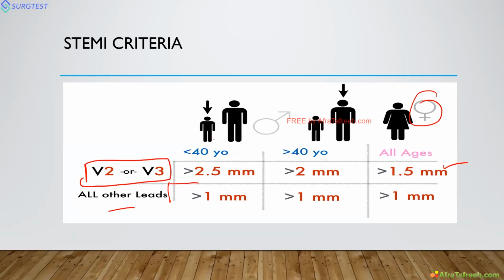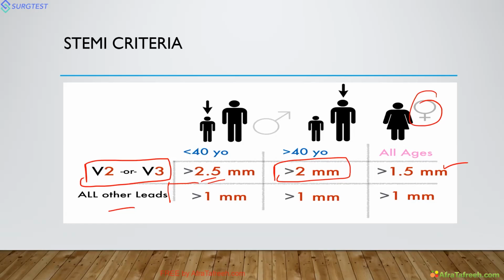In less than 40 years, we keep a slightly higher threshold of 2.5 millimeter, and in 40 years and more it is 2 millimeter. So, all other leads 1 millimeter. In V2 and V3: females 1.5 millimeter; males less than 40, 2.5 millimeter; 40 and above, 2 millimeter. This is the STEMI criteria.